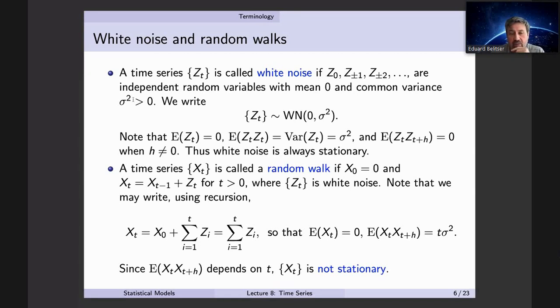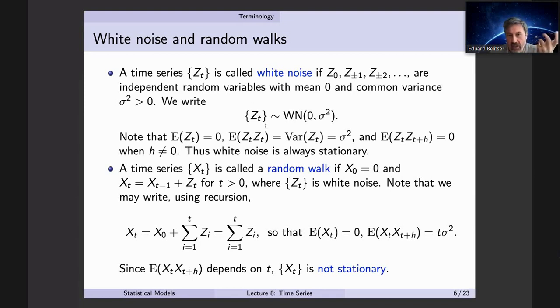And they have the same variance, and they have expectation 0. That thing is called white noise, without specifying the distribution. You could think of normally distributed ones, but it doesn't have to be. Even if not normally distributed, it's still called white noise.